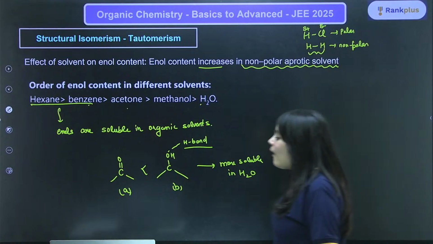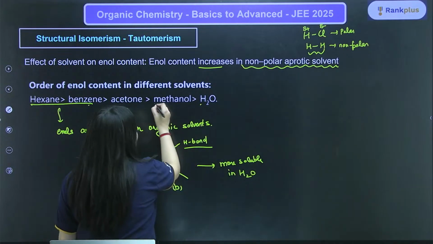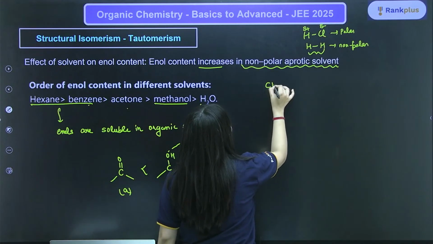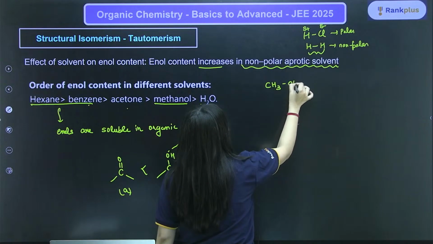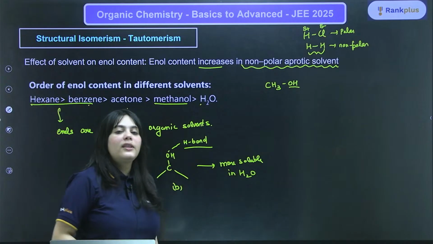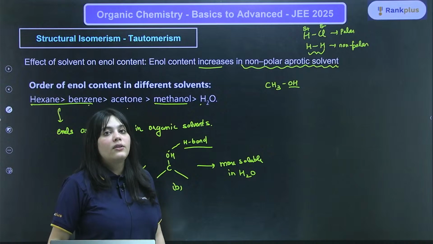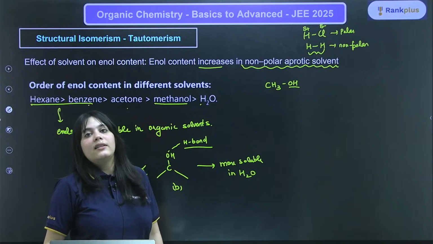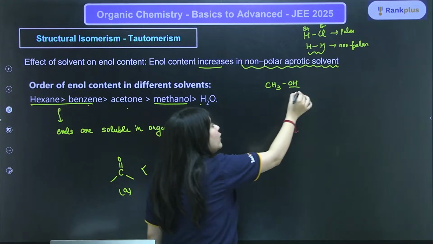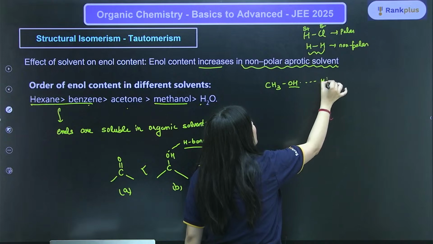Now I am going to ask, what kind of solvent is methanol, CH3OH? Here this hydrogen can form H bonding.